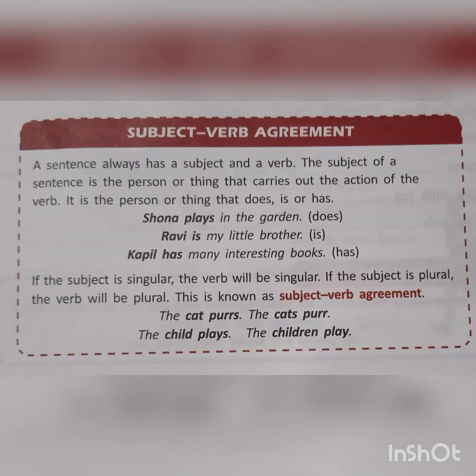Subject verb agreement. A sentence always has a subject and a verb. The subject of a sentence is the person or thing that carries out the action of the verb.